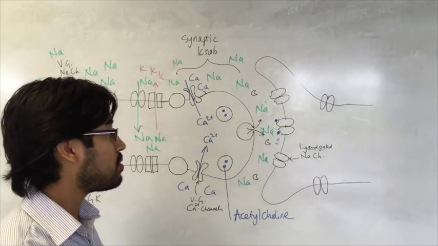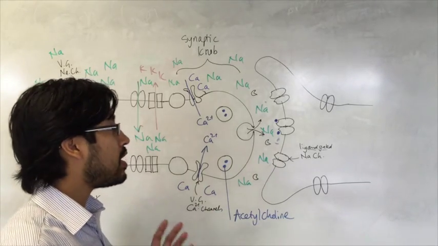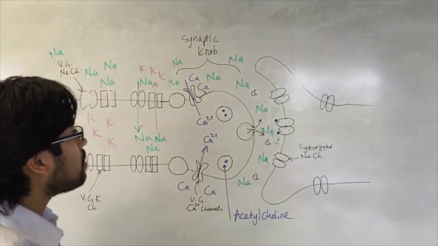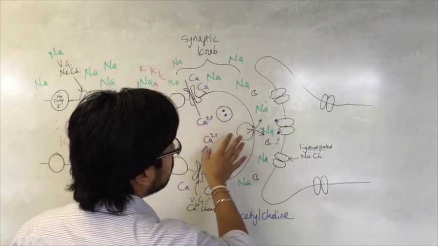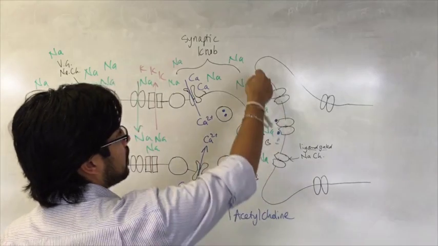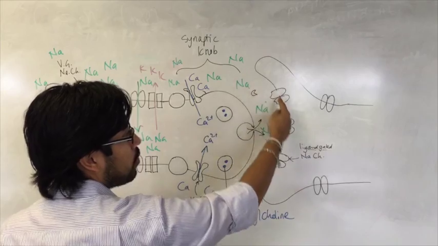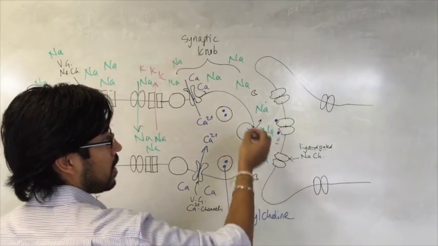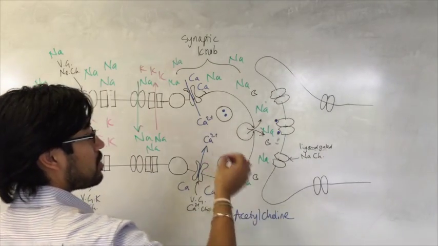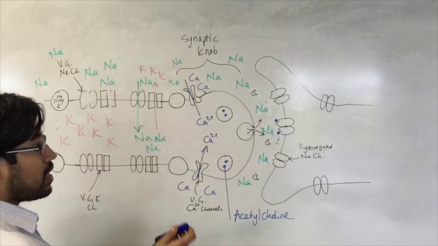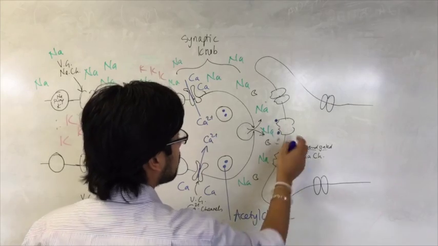Ligand-gated sodium channels open and close in response to whether or not the ligand is bound or not. Okay, so our acetylcholine diffused across the gap, bound the ligand-gated sodium channels on the postsynaptic membrane, and when the acetylcholine binds those ligand-gated sodium channels, those sodium channels open.